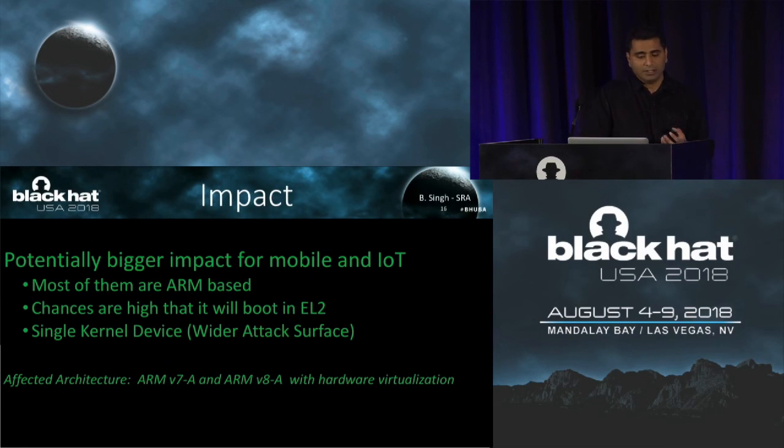And they are single kernel devices, so they have a wider attack surface, because they interact with the outside world, and it may be possible that they have some custom driver running in it. So they are more impacted by this, and the affected architectures are ARMv7-A and ARMv8-A with hardware virtualization.